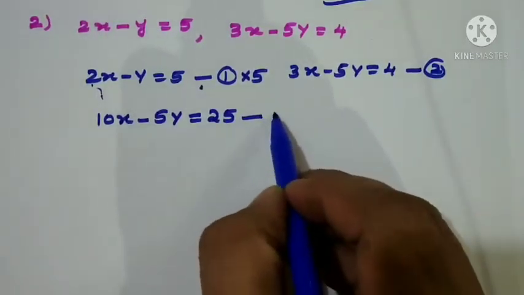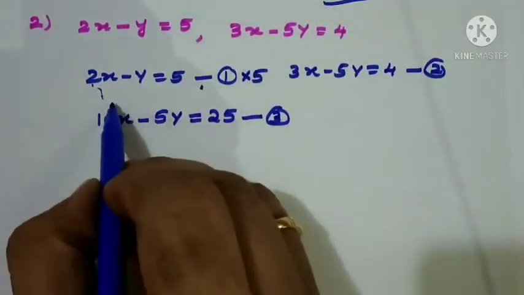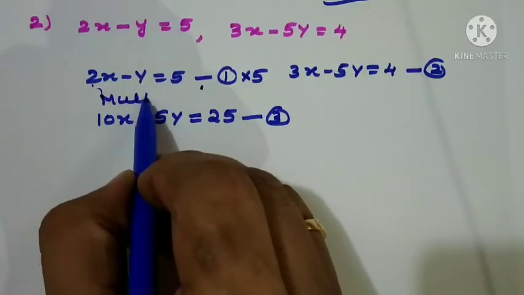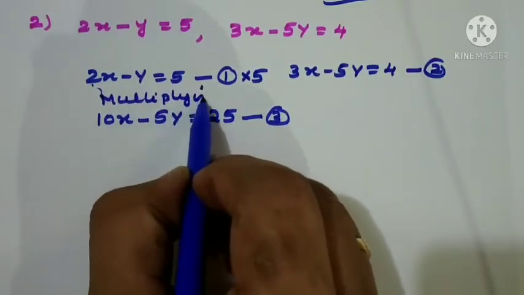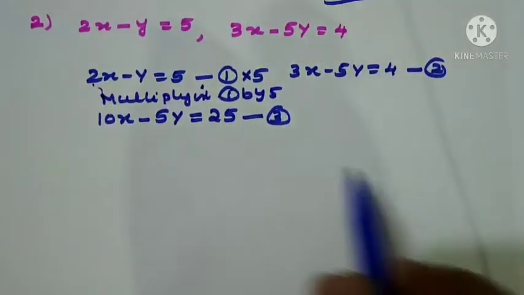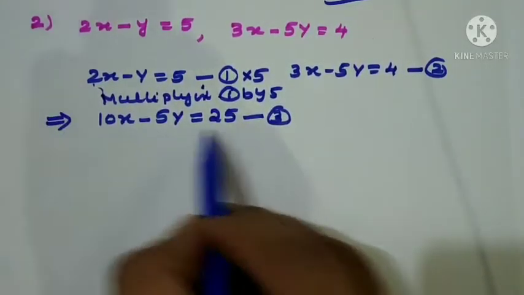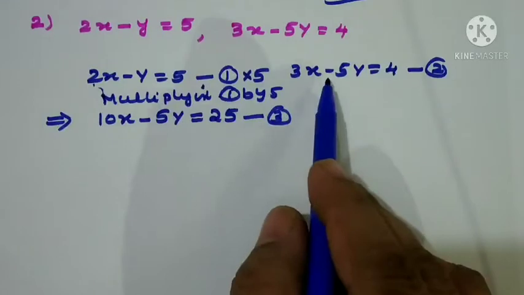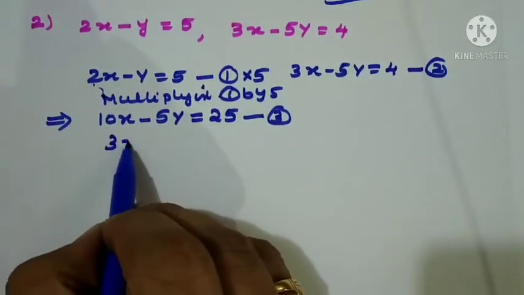Now equation 3: how we got it, multiplied equation 1 by 5. This implies 10x minus 5y equal to 25. Now just below, which equation do I have to write?